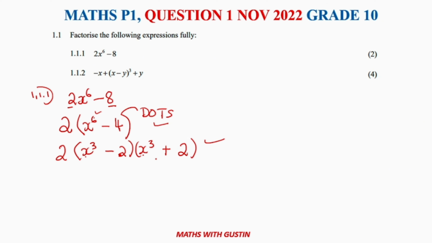All right, great stuff. Now let's come to 1.1.2. We are given x plus y minus x minus y to the power of 3 plus y. Please guys, when you see things like this, don't be scared, just stick to the basics.